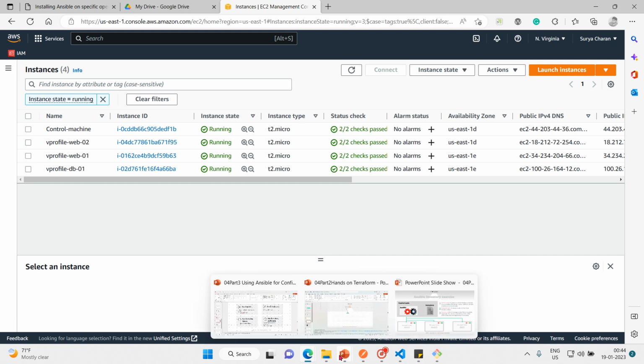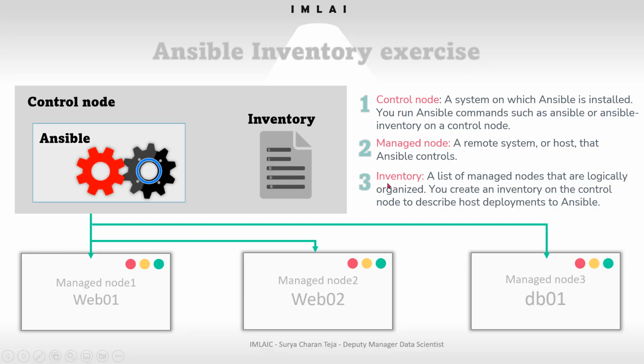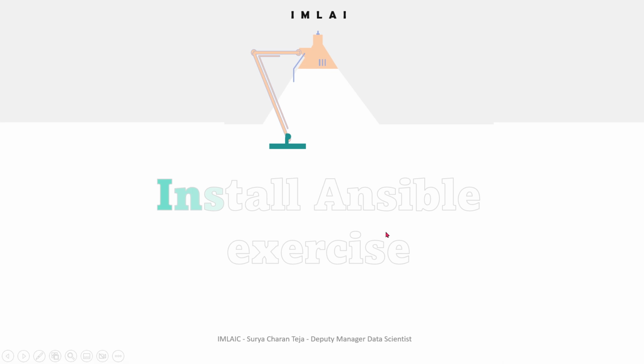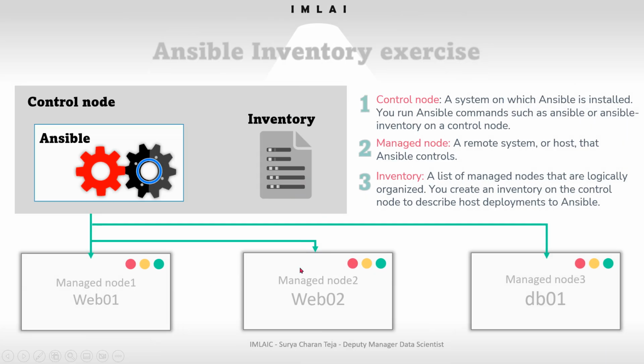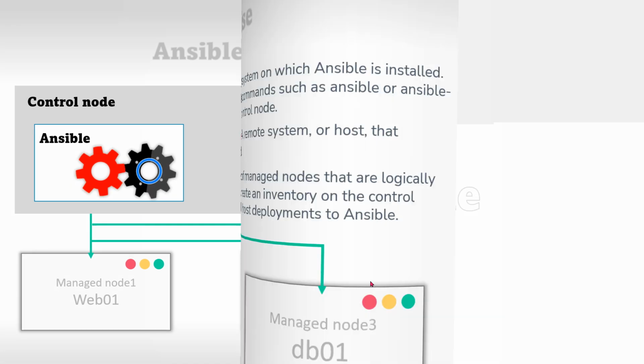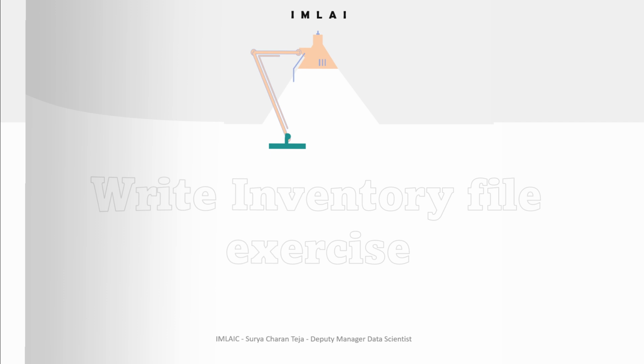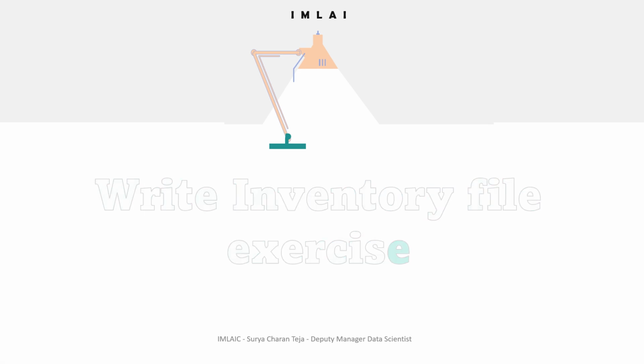So with this, our first activity is done: installation of Ansible, and setting up the target machines or host machines or managed machines and control machine are all done. Then after that, we will write our first inventory file.